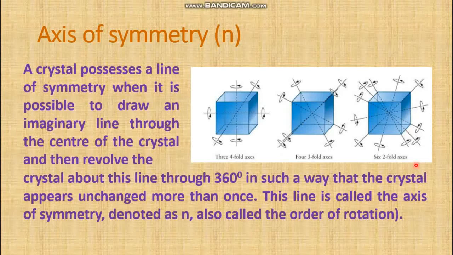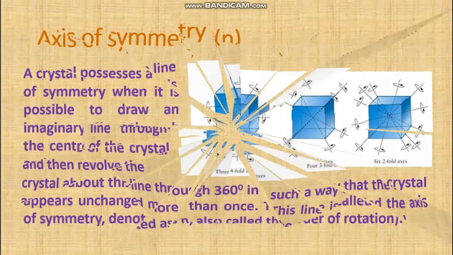So a cube has 1 center of symmetry, 9 planes of symmetry, and 13 axes of symmetry. Okay, in total it has 23 elements of symmetry for a cube particularly. We shall try to find them for the other crystal systems also.